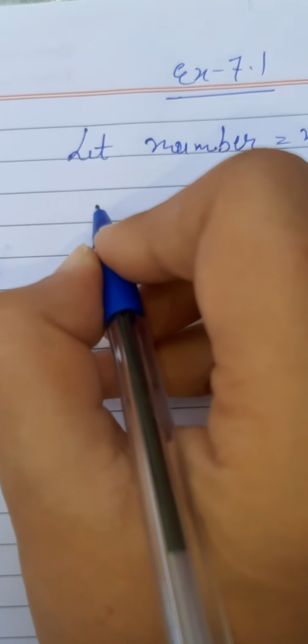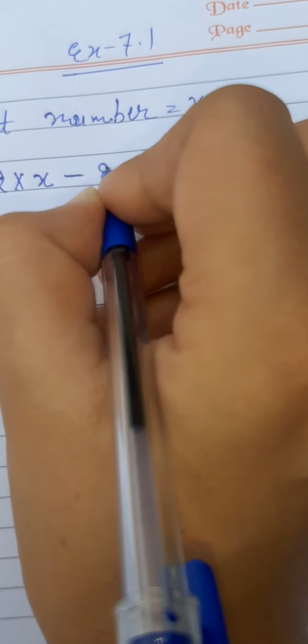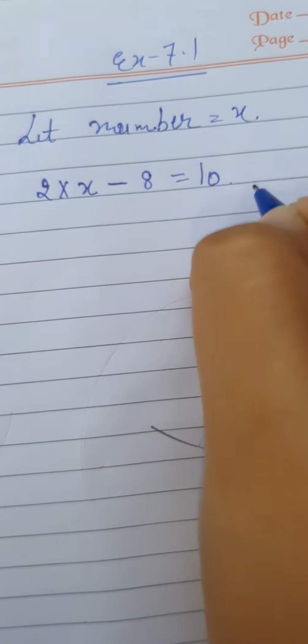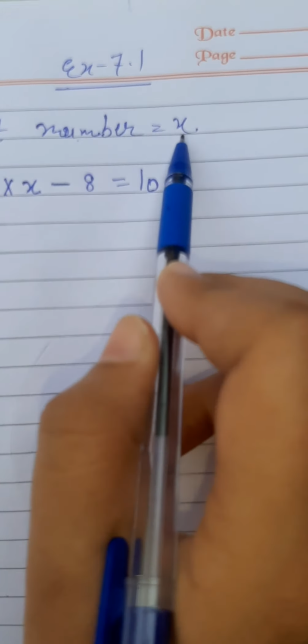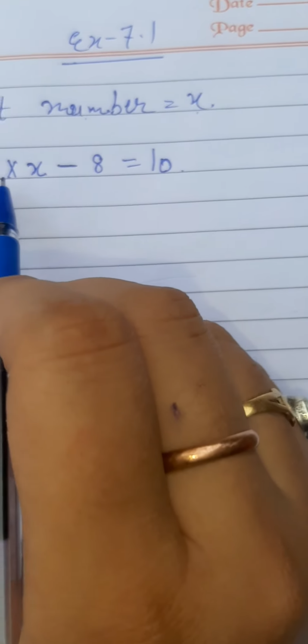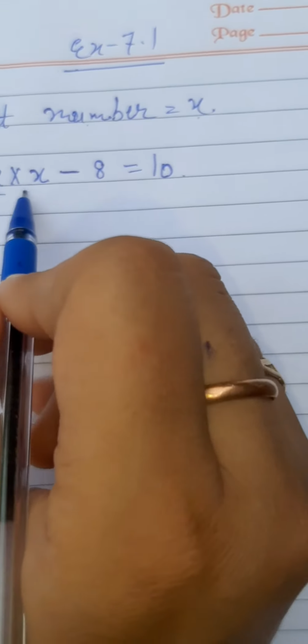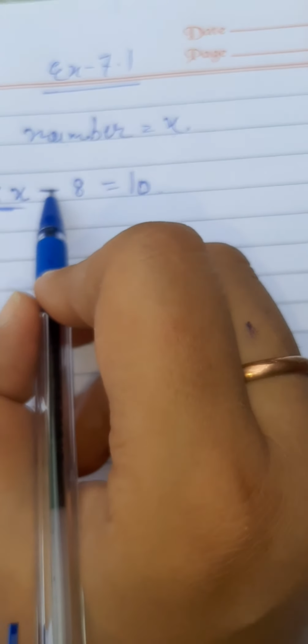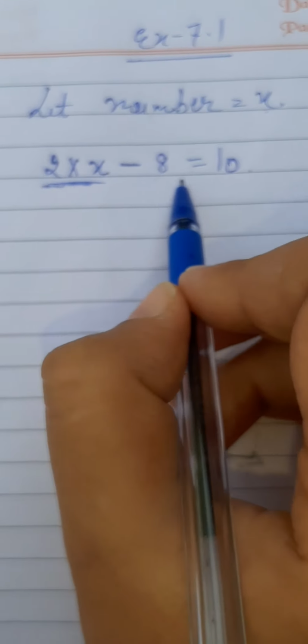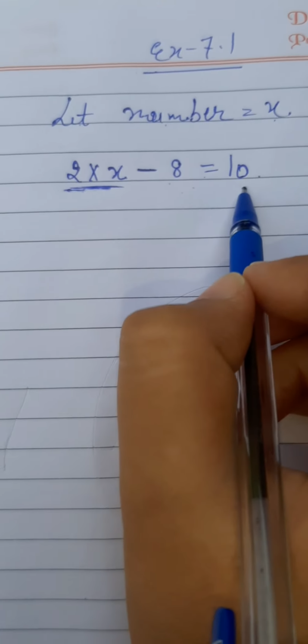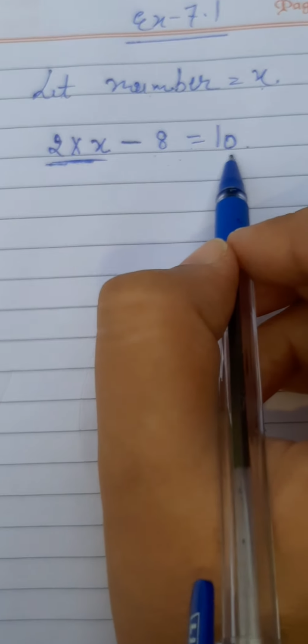So twice means 2 times a number x, that is 2x. Decreased means minus 8. Gives means equal to 10. So 2x minus 8 is equal to 10. This will be the expression.